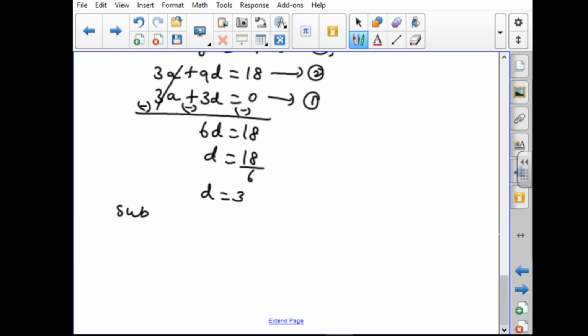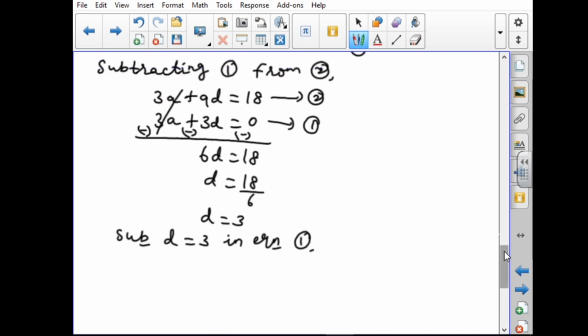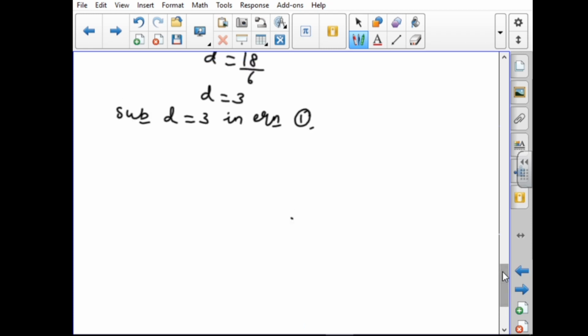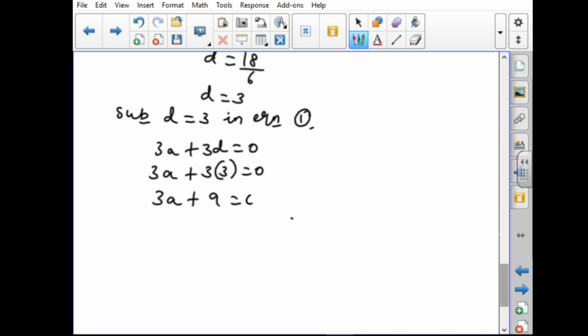Substitute D equal to 3 in equation 1. What is our equation 1? Equation 1 is 3A plus 3D equal to 0. So 3A plus 3 into D value 3 equal to 0. 3A plus 3 threes are 9 equal to 0. 3A equal to minus 9.